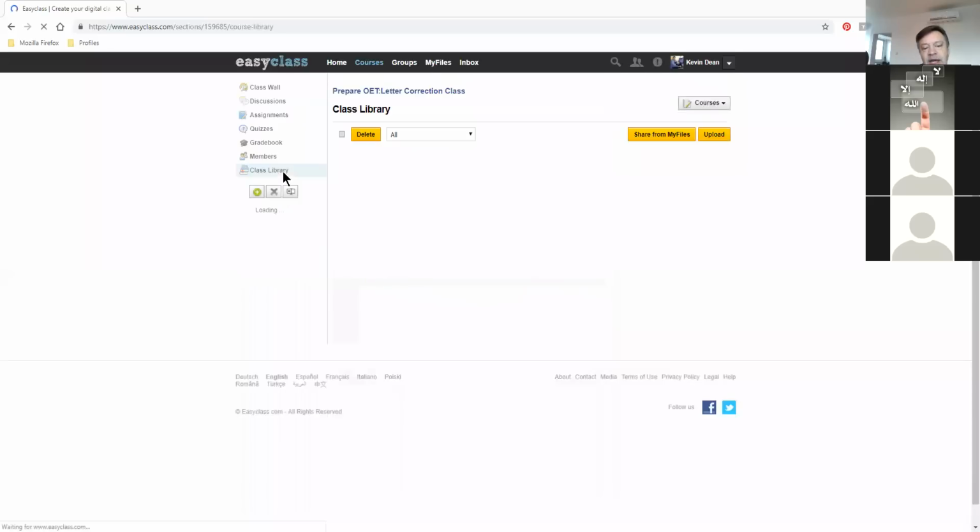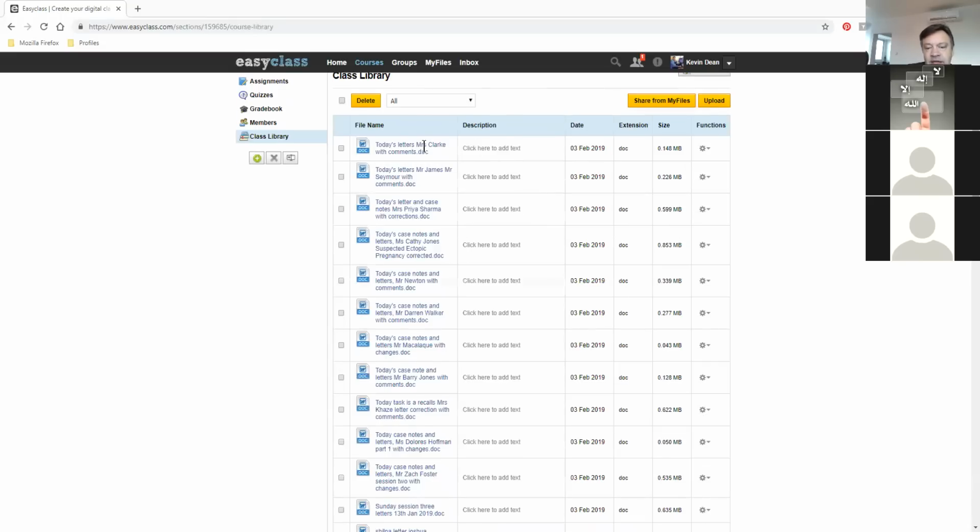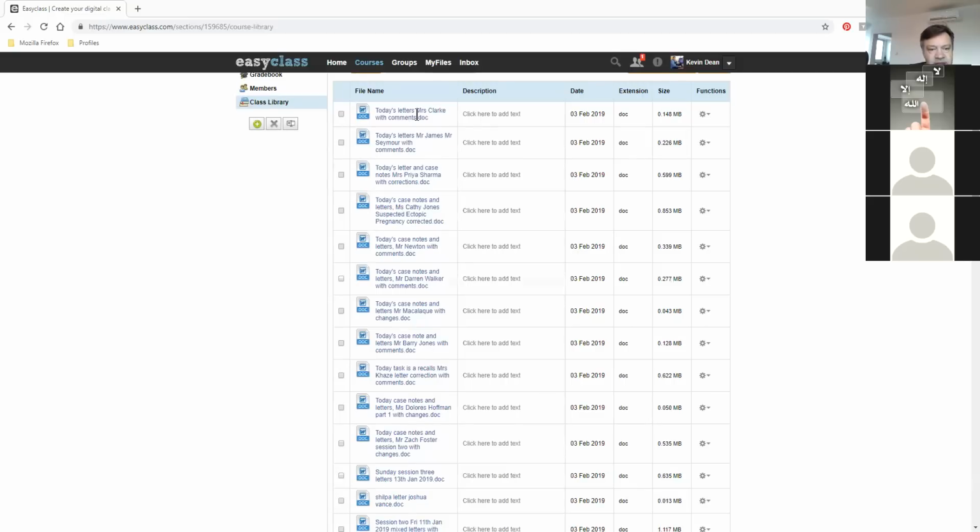And the library now, this is where all the corrected letter files will go. So this is all the letter corrections from previous weeks, seminars. So you've got all this here. There's usually 3, 4, 5 a session.